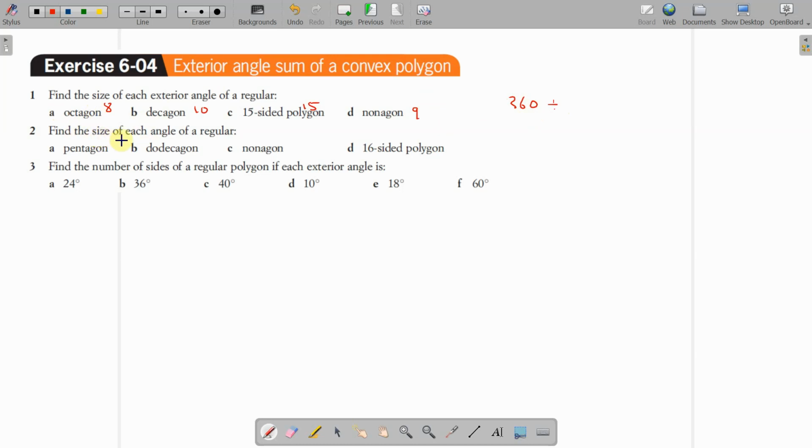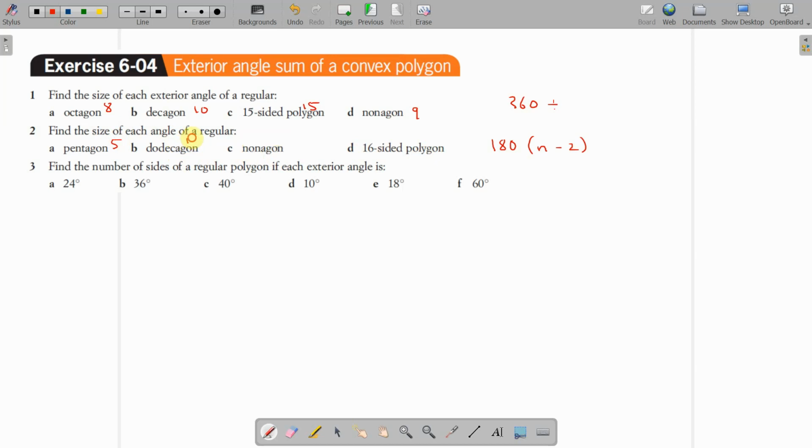Question 2, the size of each angle in a regular polygon, so you have to do the angle sum, 180 times the number of sides minus 2. So pentagon is 5. Decagon, remember that one, that's 10. Nonagon, that's 9.